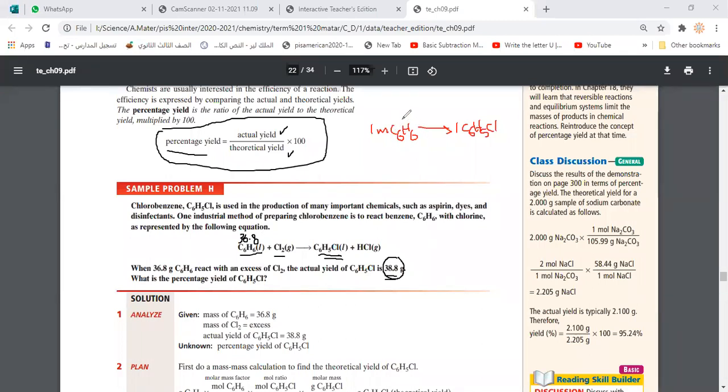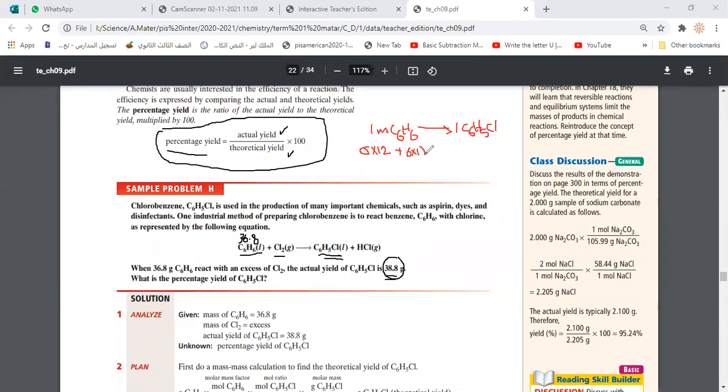Here, C6H6 represents how many grams? C6, that's 6 multiplied by 12, because carbon equals 12. Plus 6 multiplied by 1, because the atomic mass of hydrogen is 1.